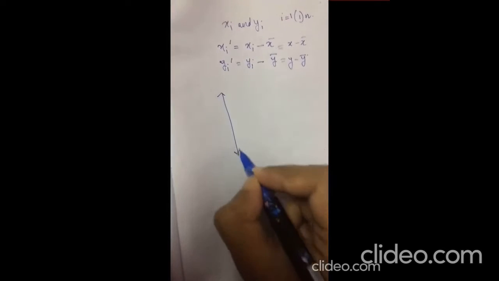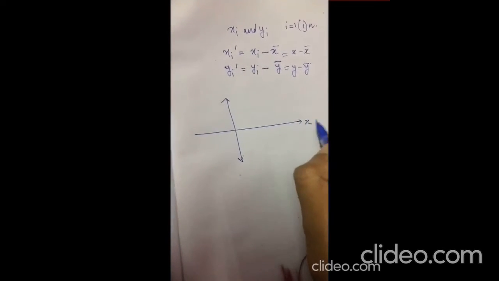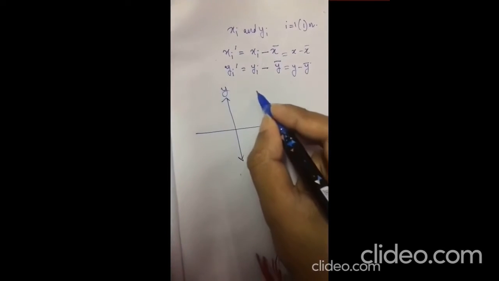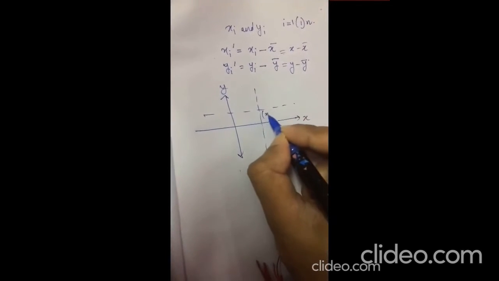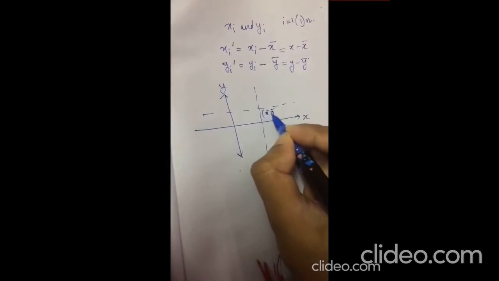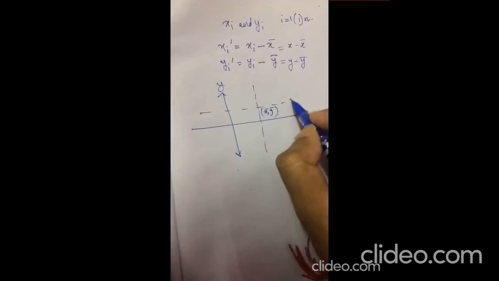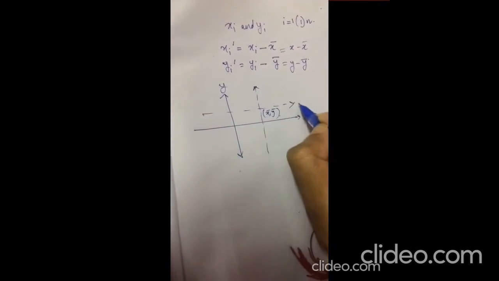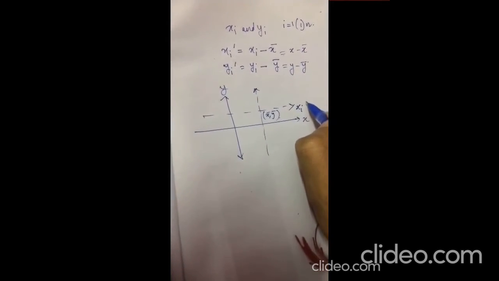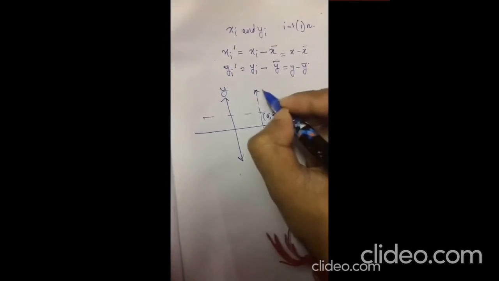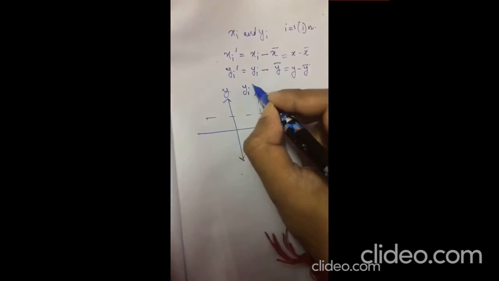Originally this was the case, and now because of the shift, the origin becomes x bar comma y bar, and these are the new labeling of the axes, xi prime and yi prime.